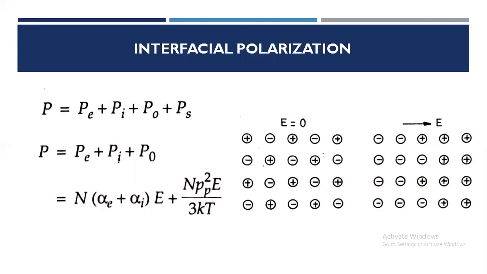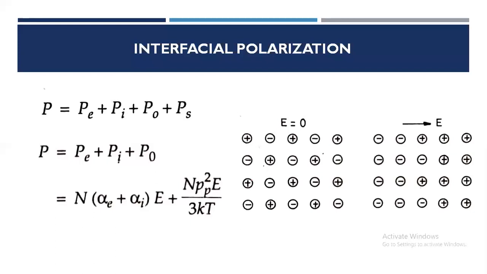In addition, charge carriers usually exist that can migrate for some distance through the dielectric. Free charge carriers migrating through the crystal under the influence of an electric field may be trapped by or pile up against defects, such as lattice vacancies, impurity centers, dislocations, and so on.